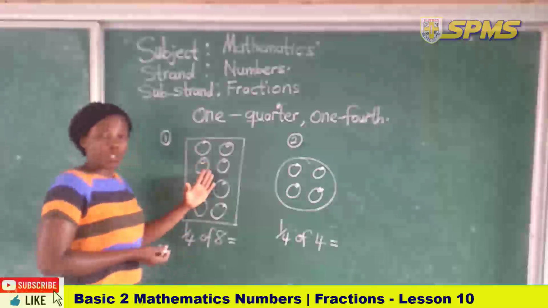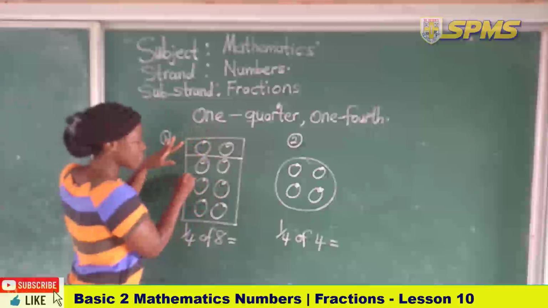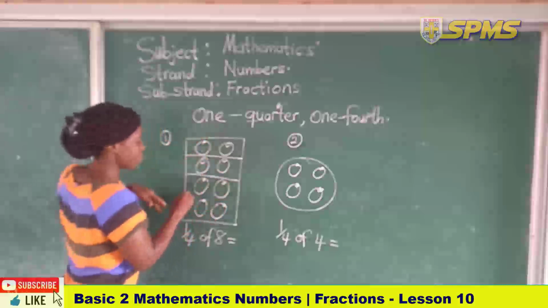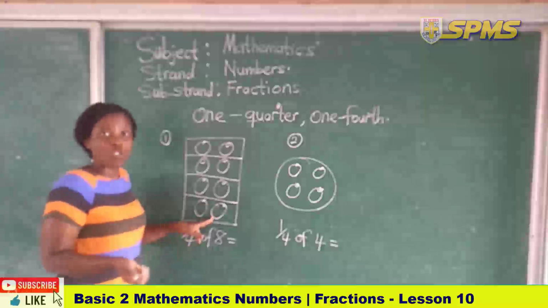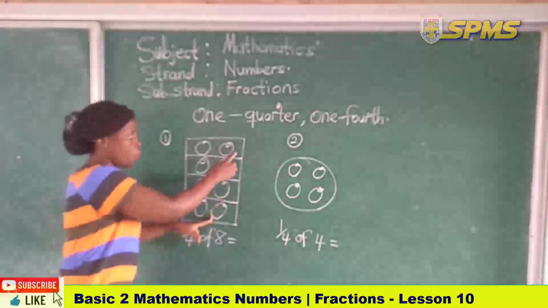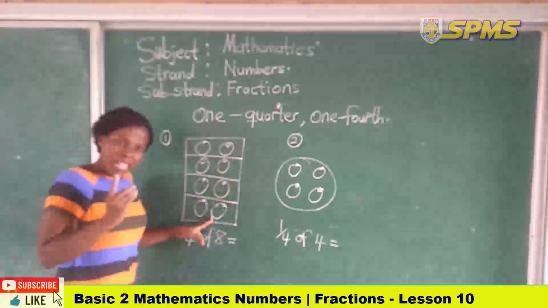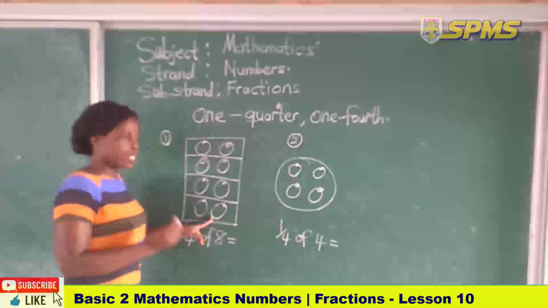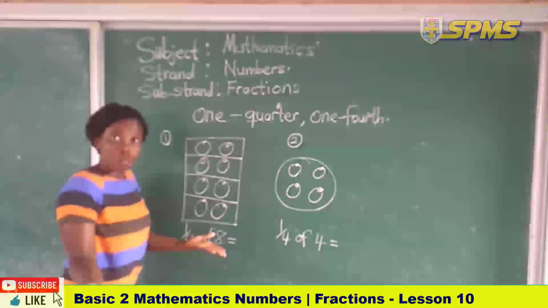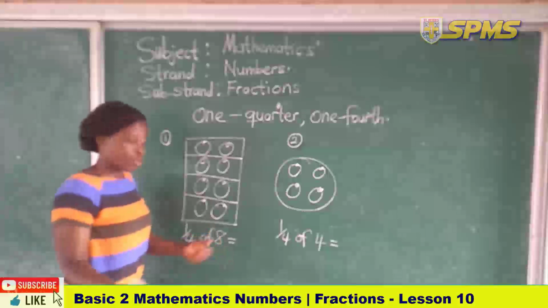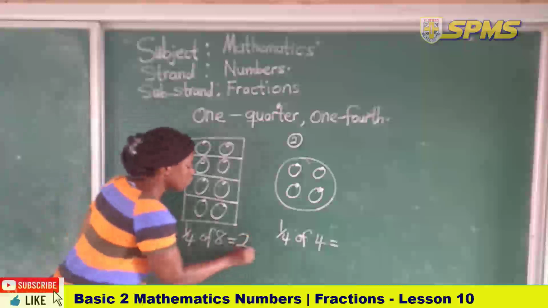So I have this as one part, the second part, the third part, and the last part. I have divided it into 4. 1 quarter, 1 quarter, 1 quarter, 1 quarter. How many oranges do you see in one of the quarters? 2. So quarter of 8 will give you 2.